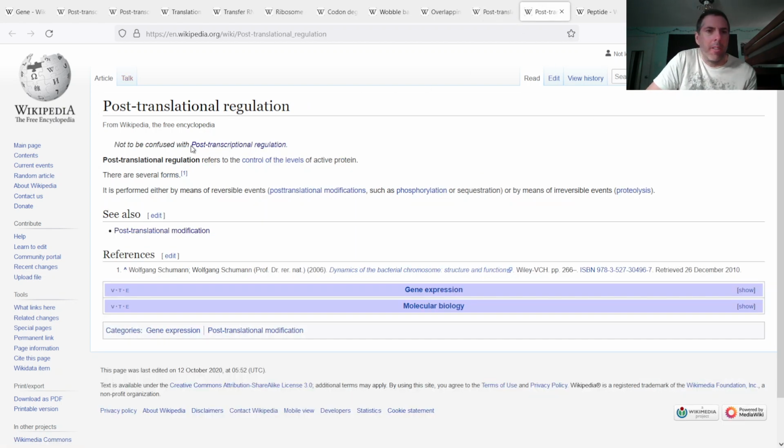And then the regulation side of it is, the proteins can be immediately degraded if they're not needed. And then maybe the modification is also considered a regulation.